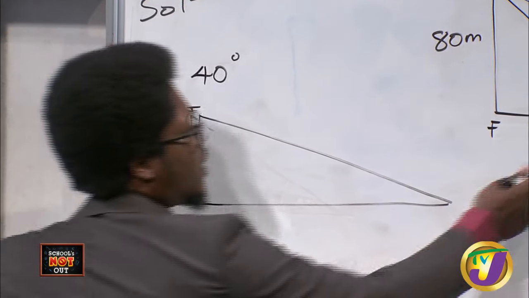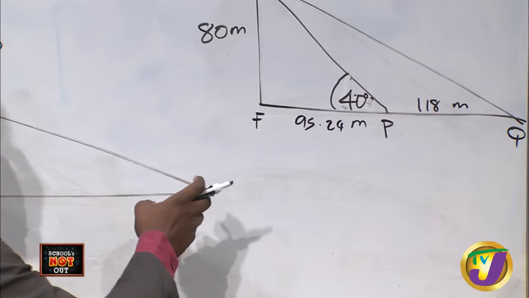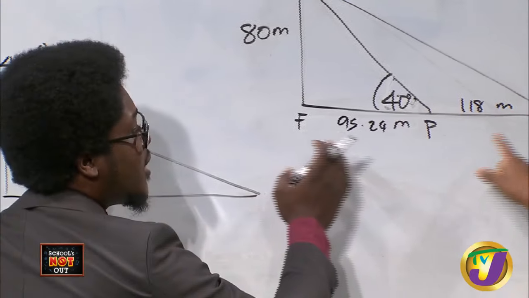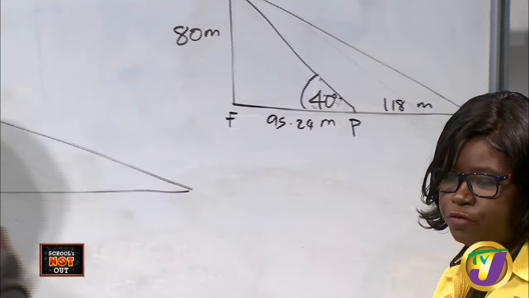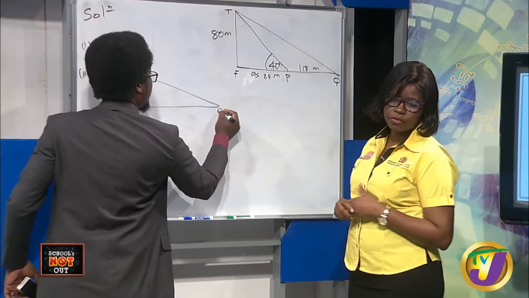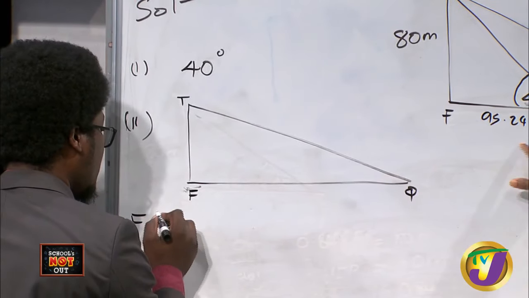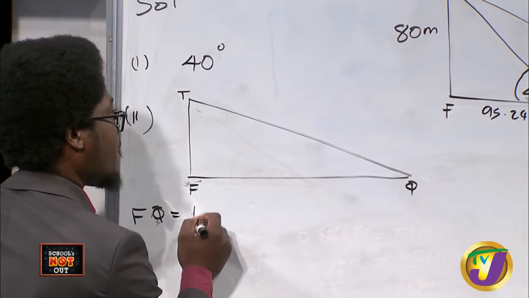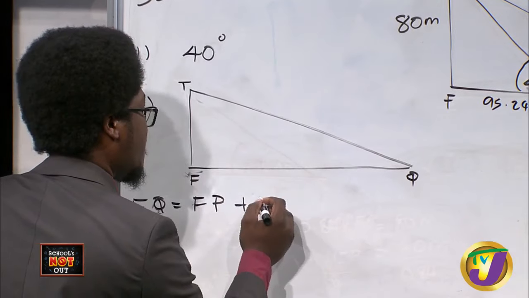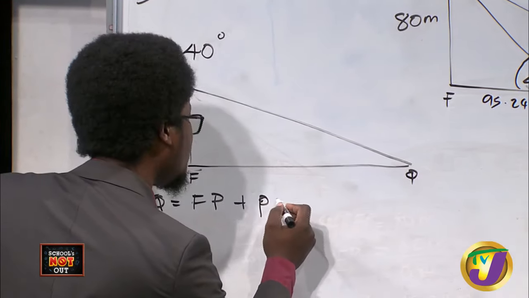If we're going to be using the entire triangle, we are now going to have to calculate the total of FQ, which is 0.24. So we'd have to add this length to this length to get the full length of FP, and that would give us 13.24.